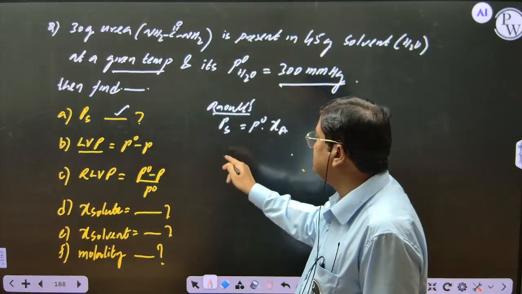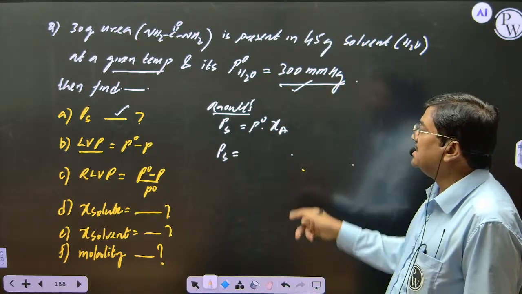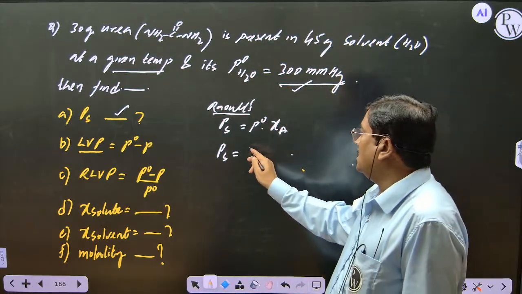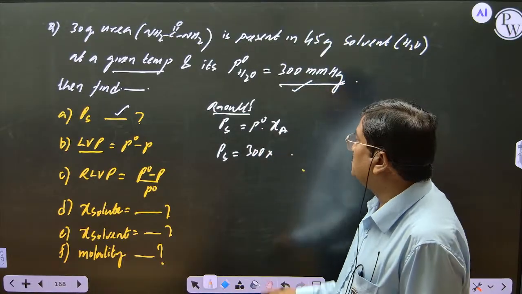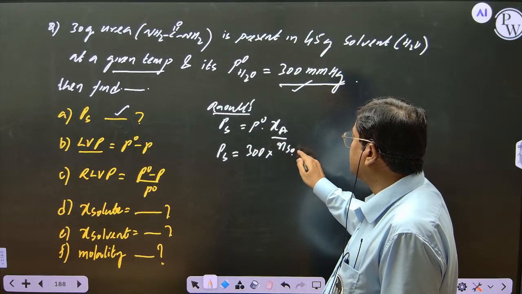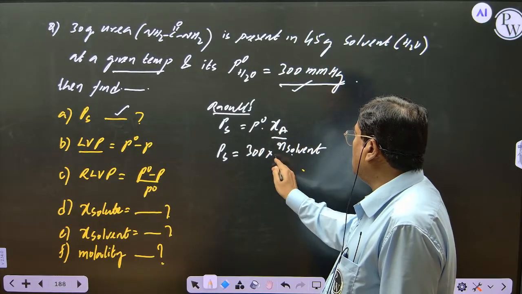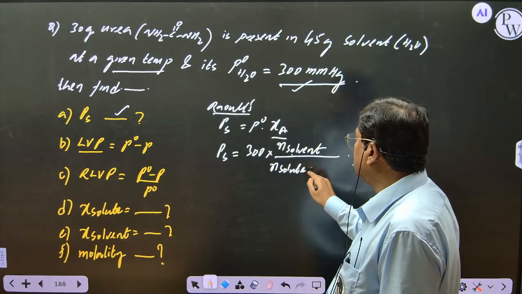So PS is equal to the vapor pressure of the pure solvent, 300 given, into the mole fraction of solvent. How do you get the mole fraction of solvent? Number of moles of solvent by number of moles of solute plus number of moles of solvent, no?